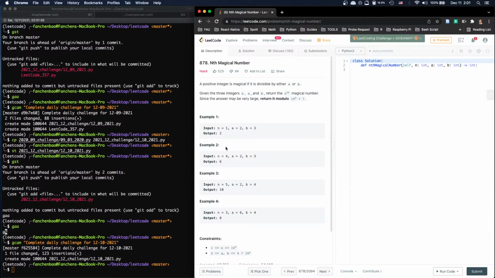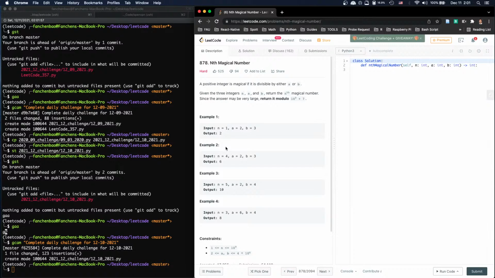On the bottom, 8 divided by 3 is 2 point something. So there are 2 that are smaller than it. So 4 plus 2, and 8 divided by 6 is 1, so minus 1.